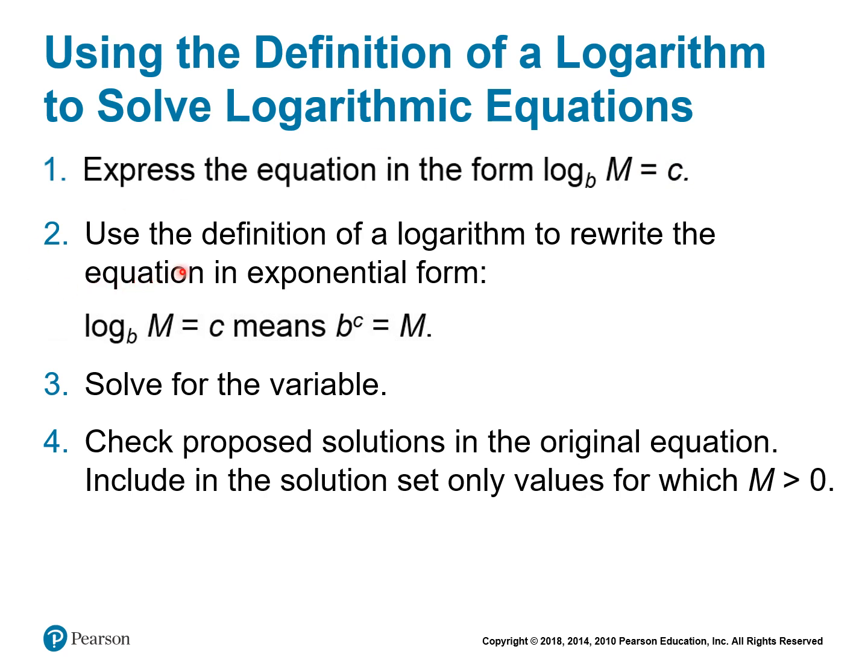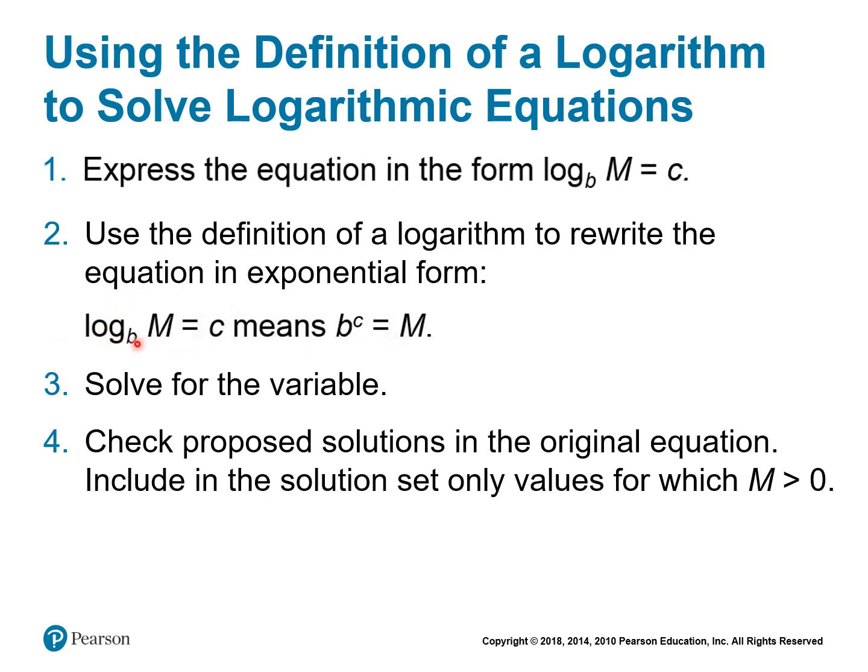Number 2 says use the definition of a logarithm to rewrite the equation in exponential form. By this time we should have had enough practice converting a logarithmic expression to an exponential equation, so hopefully that practice will come to good use now.